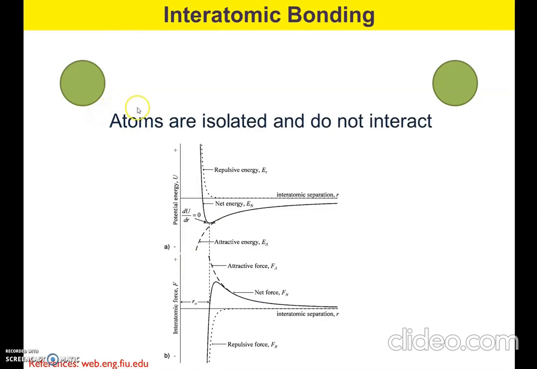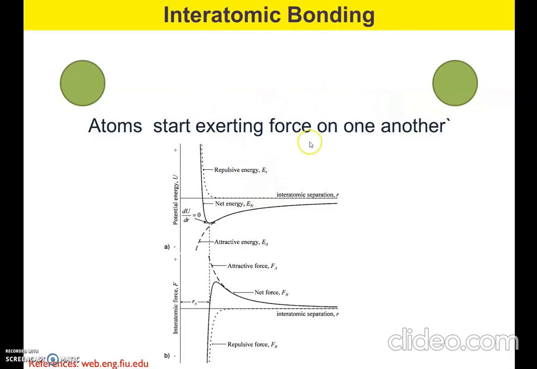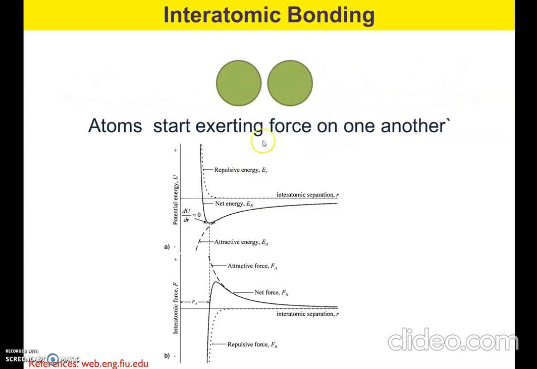So you can see if you have atoms that are very isolated and far apart from each other, then they will have no interaction among them. Okay, but as these atoms start moving closer to each other, they will start exerting some forces on each other.